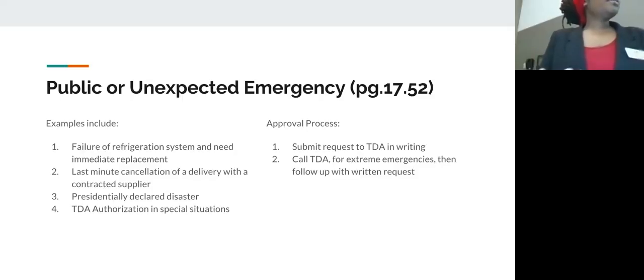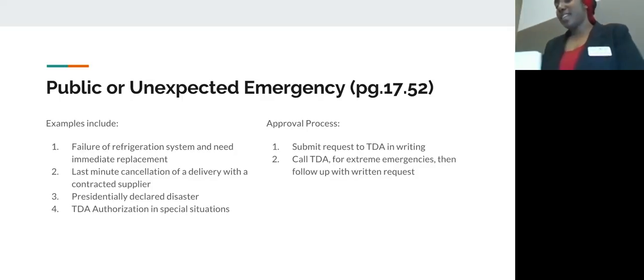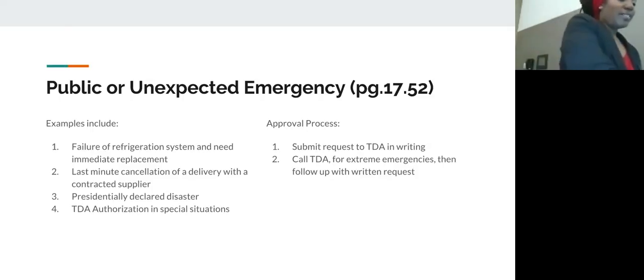But nevertheless, it says in the ARM to call TDA and then later back yourself up in terms of, well, this is what you've done in terms of making sure things were taken care of at your particular CE. Eventually, you will need some sort of written request, but it's not to say that state wants you to worry about procurement when a fire is happening or we're having NOAA level type of flooding.